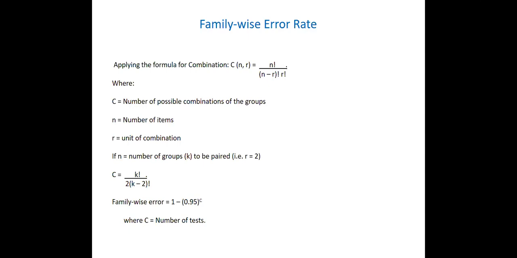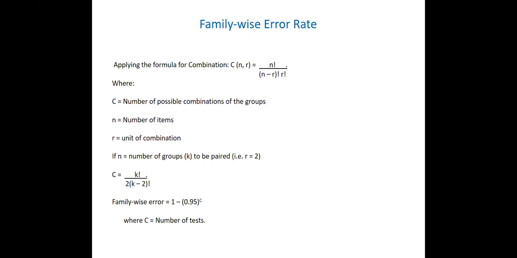It's 3 ways. A and B, A and C, B and C. It means that for 3 groups you have to bring Group A and Group B and compare the 2, Group A and Group C and compare the 2, Group B and Group C and compare the 2. So you do 3 t-tests.